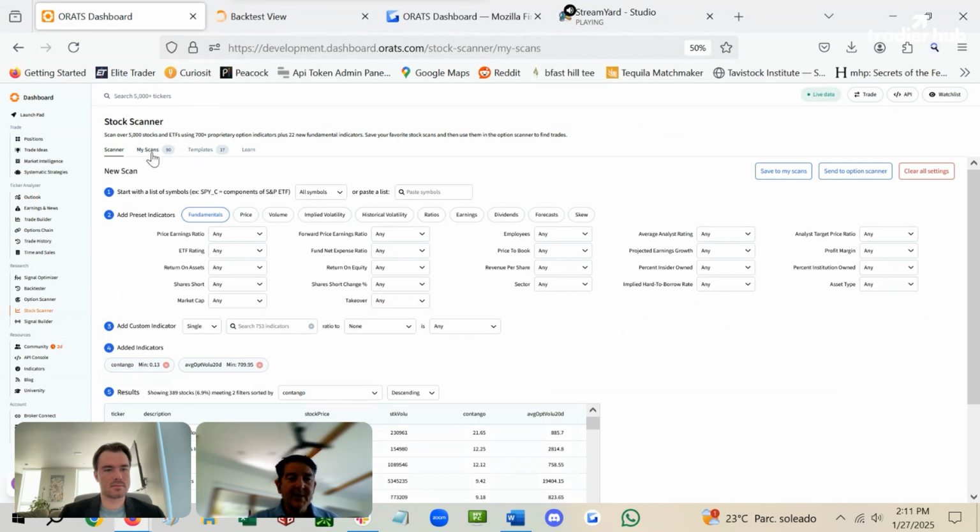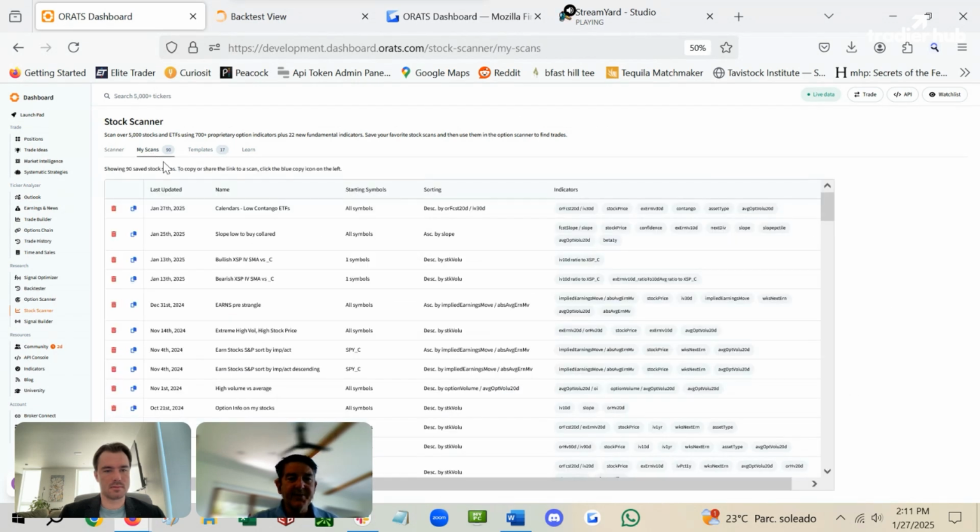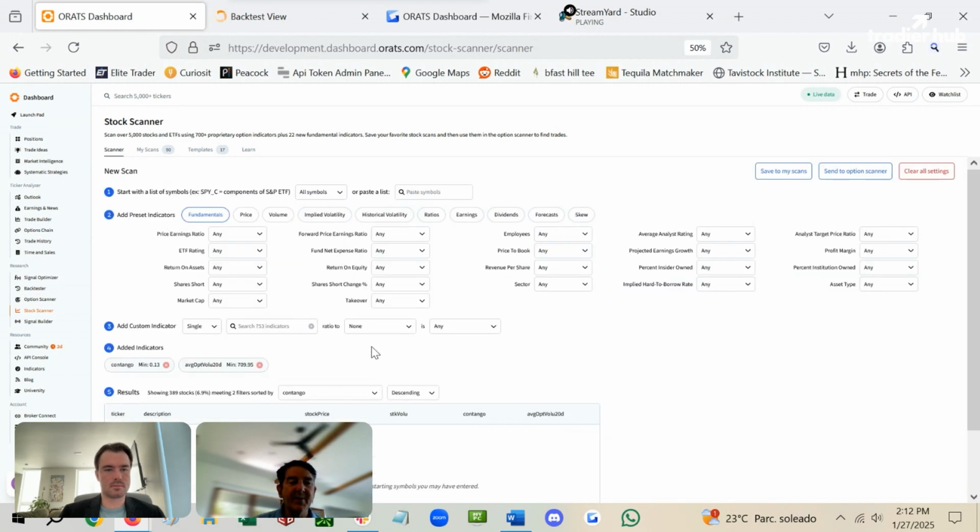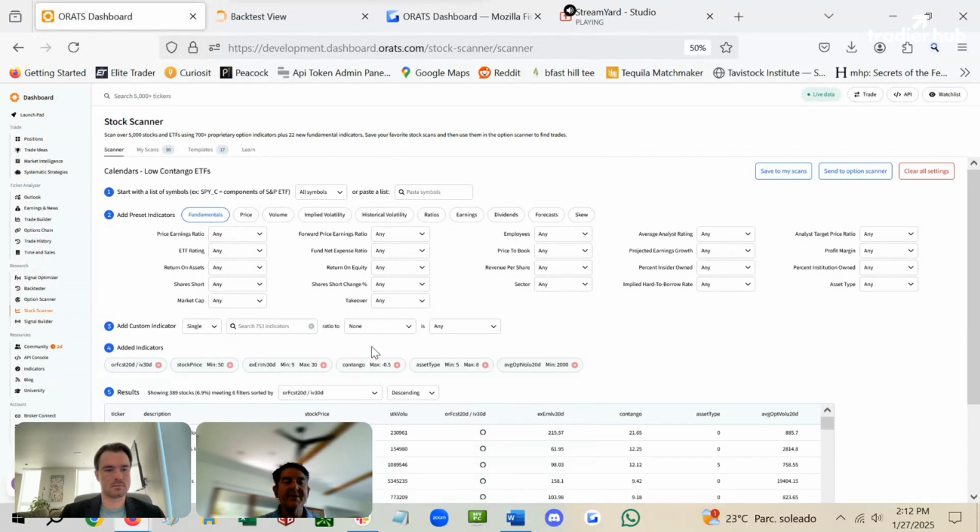Yeah, so let me see here. Definitely calendars is something that you would think about immediately. What you want to see is a time where Contango, I have it here, maximum of 0.5.